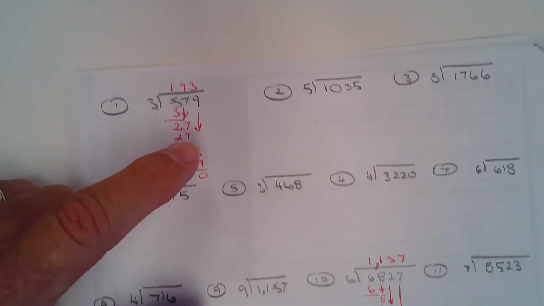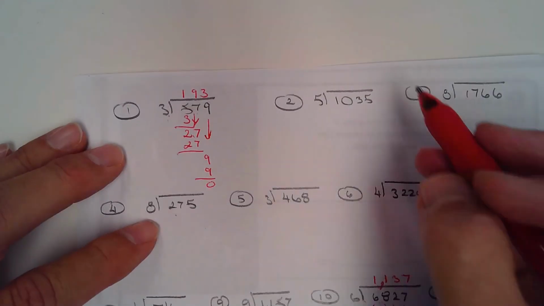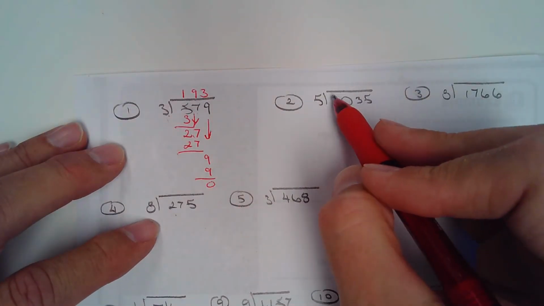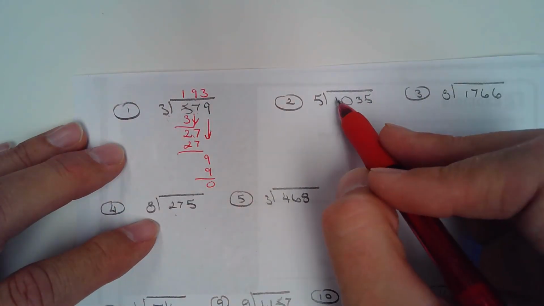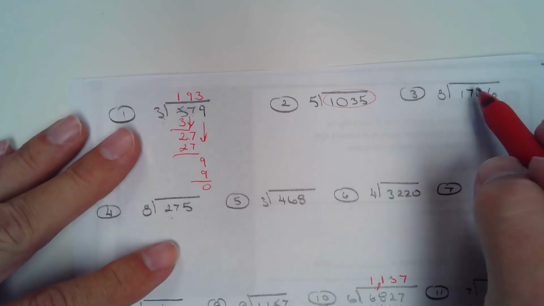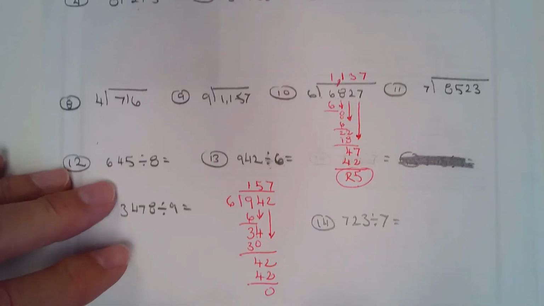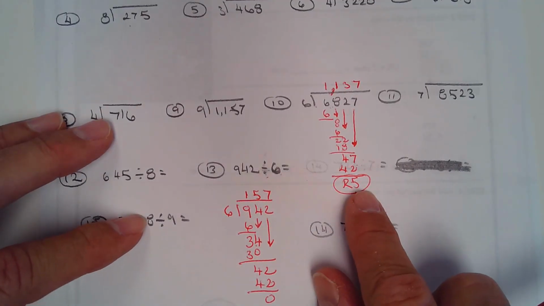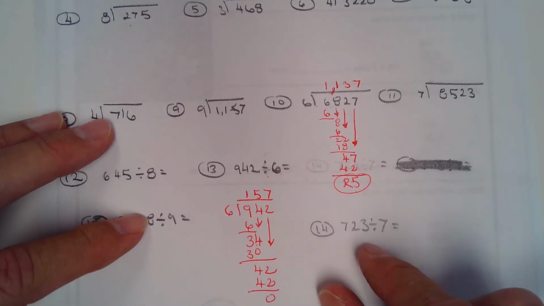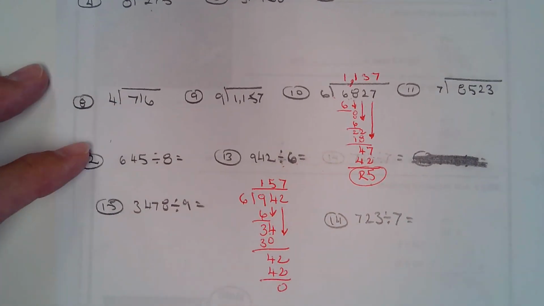So whenever there's not a remainder, if you just multiply your answer by what you were dividing by, you should get what's in the house here. If there is a remainder, then you'd have just a little bit left over, which would be the remainder. Okay. All right, so there was your homework help.